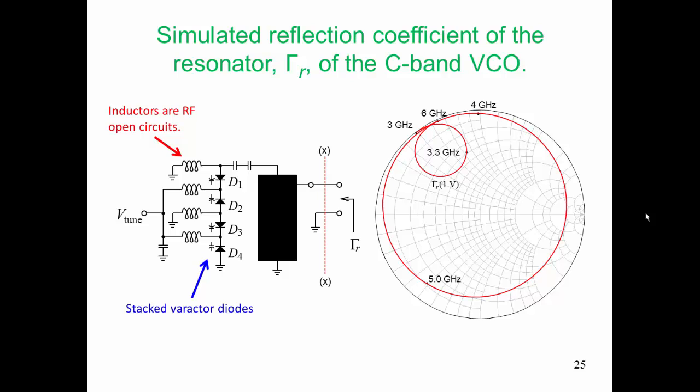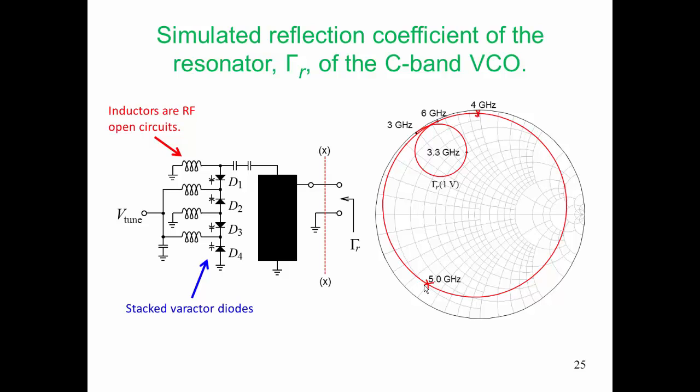So if we set V-tune equal to 1 volt in this case, you can see what our gamma R looks like. We start off at 3 gigahertz here, and after 1 gigahertz we get to this 4 gigahertz point here, and then as we're in resonance we very quickly move around to this 5 gigahertz point.